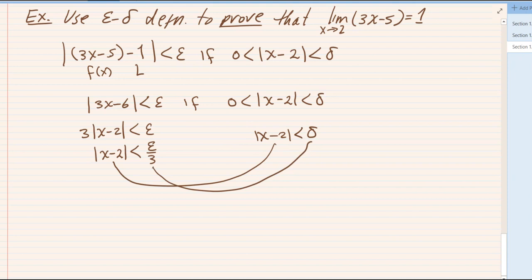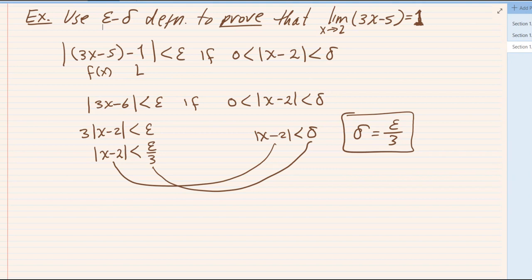So this last statement holds if delta is epsilon over 3. For this linear function, whatever your choice of epsilon is, how close do I need to get to 2? You give me your epsilon, a third of that. That's how close I need to be in order to meet your epsilon tolerance limit. And I'll show you in just a moment with an example that this will work.